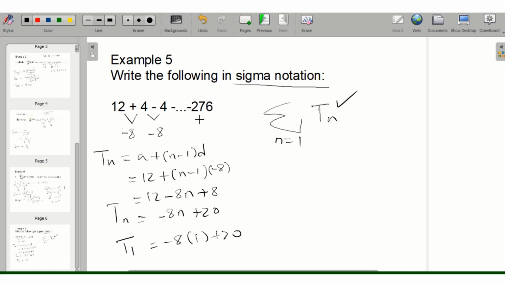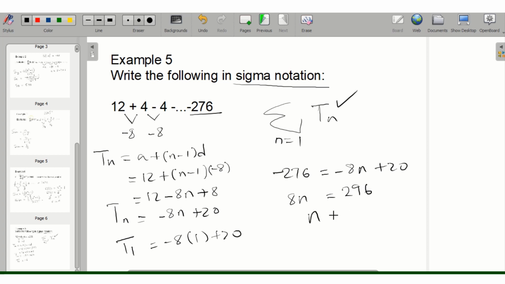But now the question is, what term is minus 276? We can use our general formula and say minus 276 equals to minus 8n plus 20. Bring this one this side, it's 8n, and then you have 296 on the right hand side.